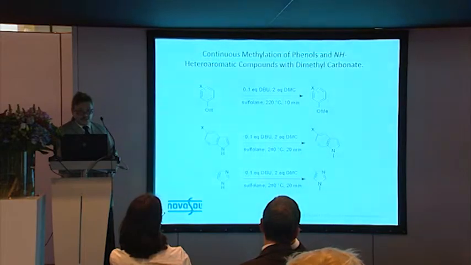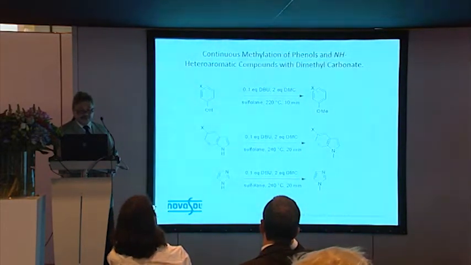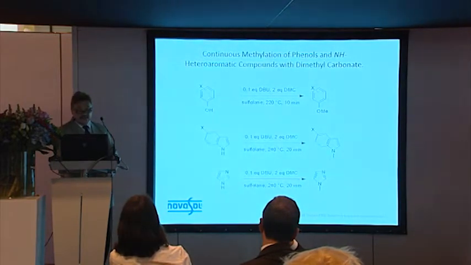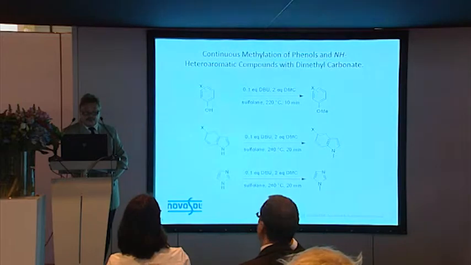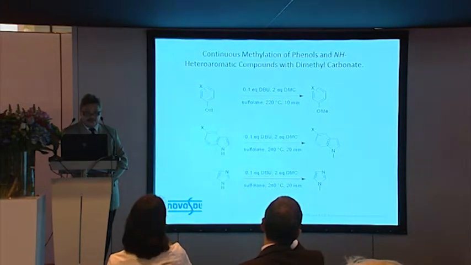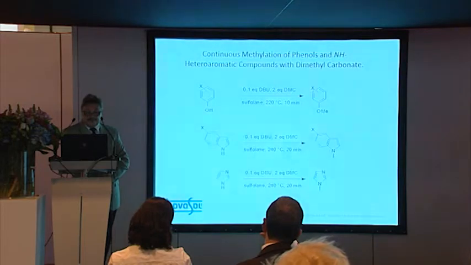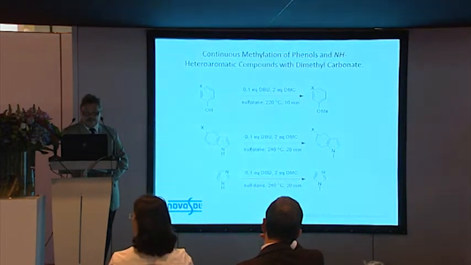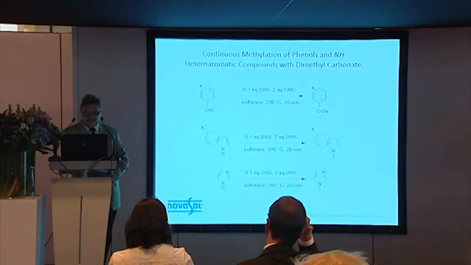There you see much more byproducts, which means that the sulfolane is stable under the reaction conditions. We used a catalytic amount of DBU, and we used 2 equivalents of the dimethyl carbonate as the methylating agent when we methylated different phenols. And we obtained the corresponding methylated compounds in all cases in very good yields.